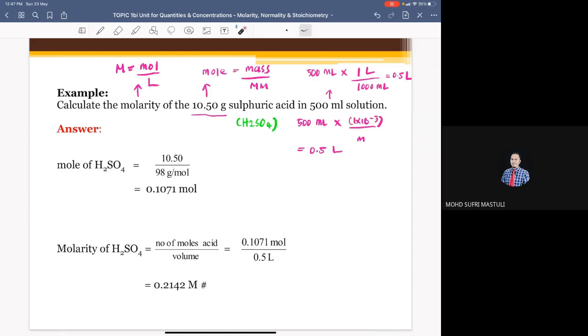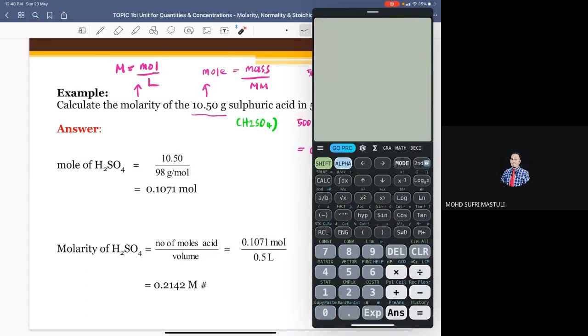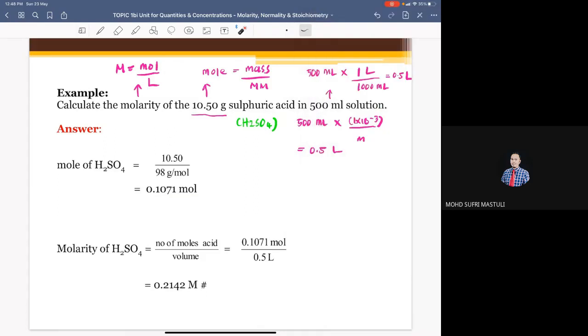So the mass, 10.5, divided by 98. The 98 you can obtain from the periodic table to calculate the molar mass of sulfuric acid, and then you get 0.1071.